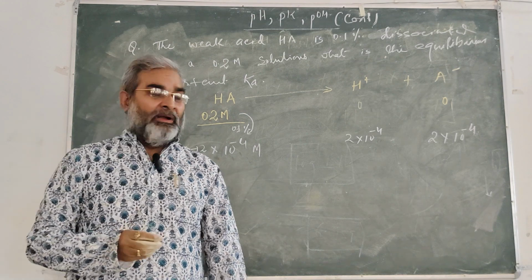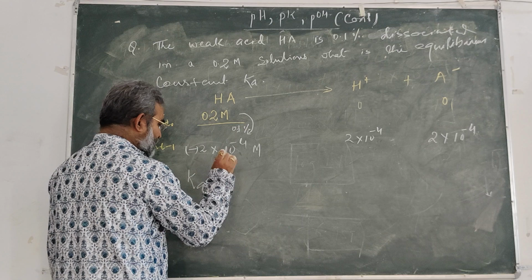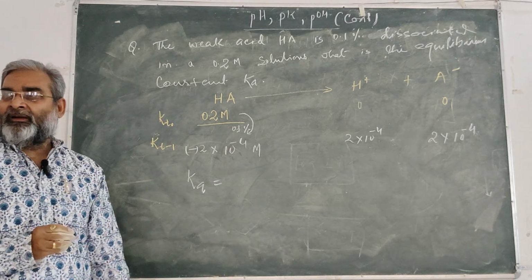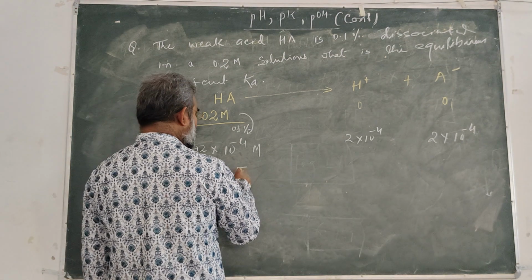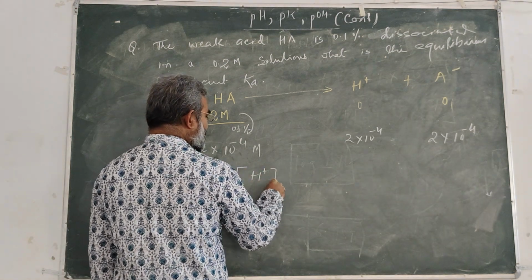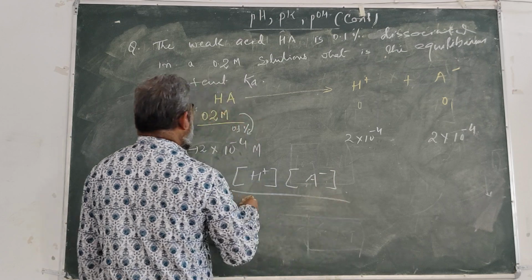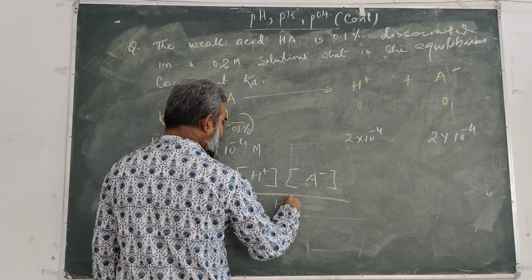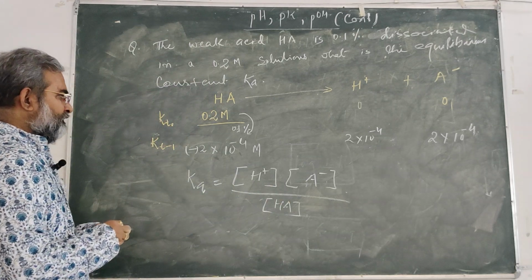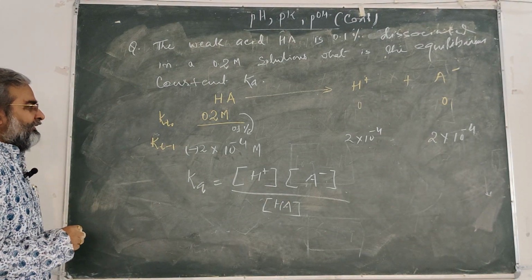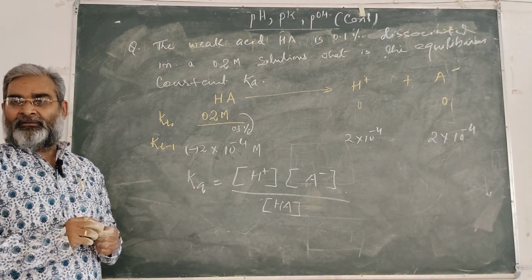Clear? Now you calculate the Ka. That is H plus, A minus divided by HA.